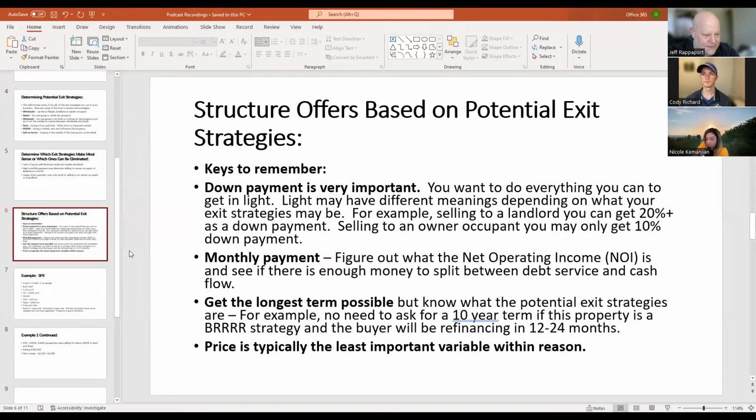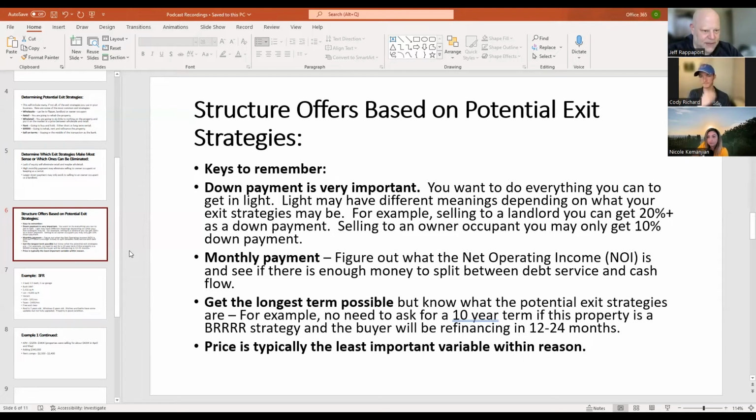Down payment is very important to you. And so we are always trying to get in light. And light means, again, going back to what we were just talking about, depending on who we may be selling this property to. If we're selling a commercial property, they might expect to be putting down 25%.